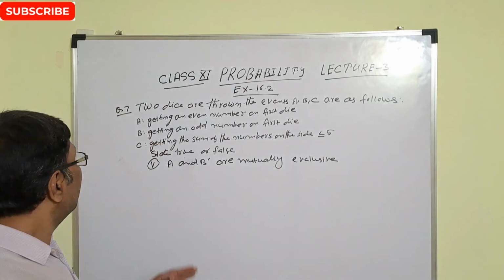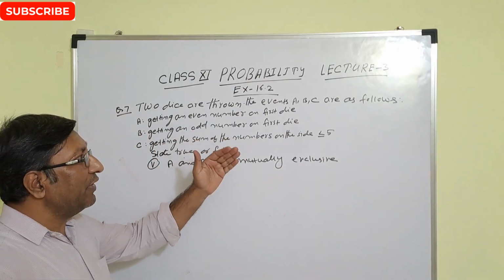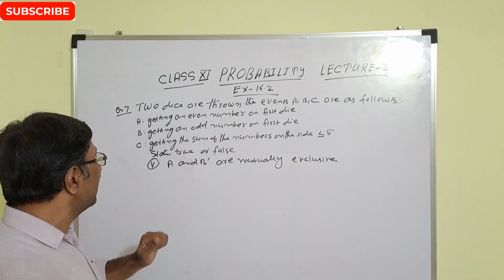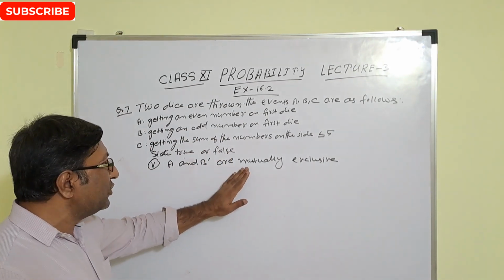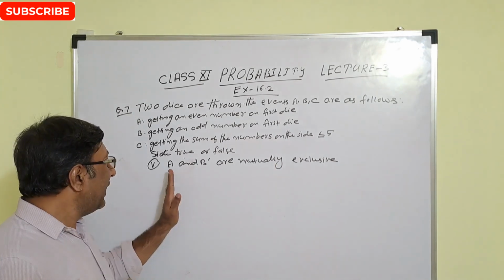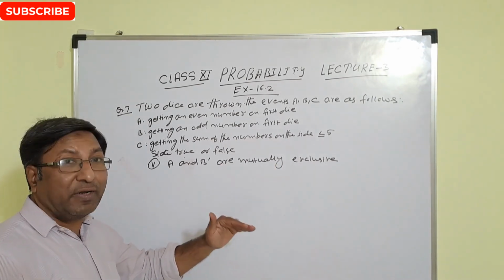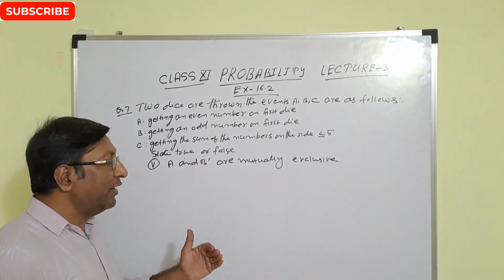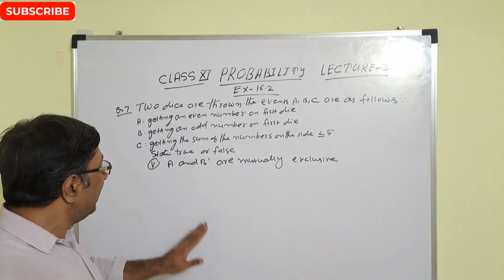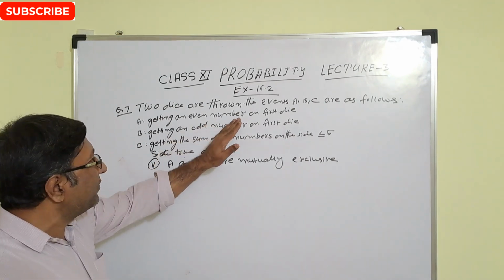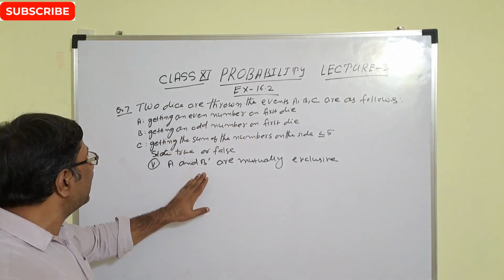See the question. Two dice are thrown, the events A, B, C are as follows. Then state true or false. A and B dash are mutually exclusive. So you know A and B dash will be mutually exclusive if and only if A intersection B dash is what? Empty. So A is what? Getting an even number on the first die. And B dash is what?